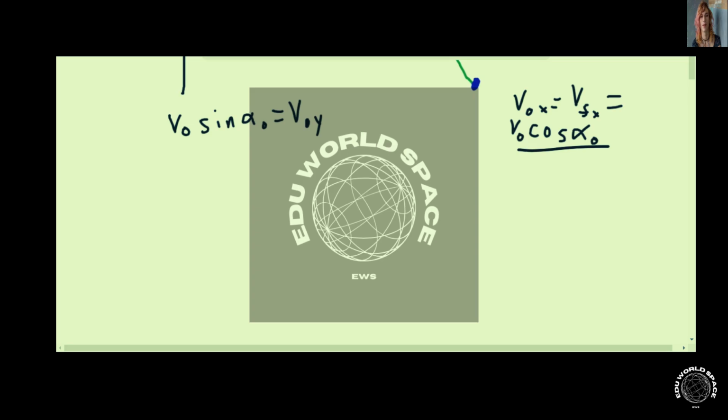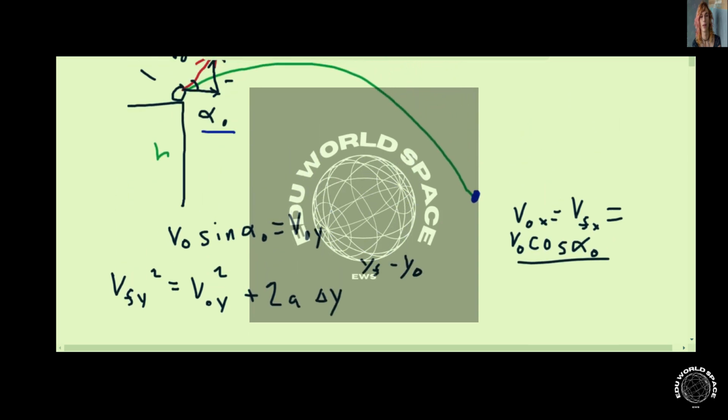So now we're going to use one of our kinematic equations: v final in the y direction squared equals v naught y squared plus 2a delta y. For delta y, since delta y is y final minus y initial, we end at y equals 0 and we start at y equals h.